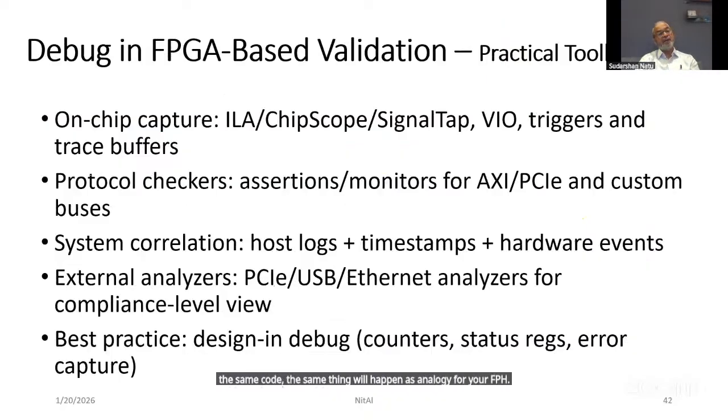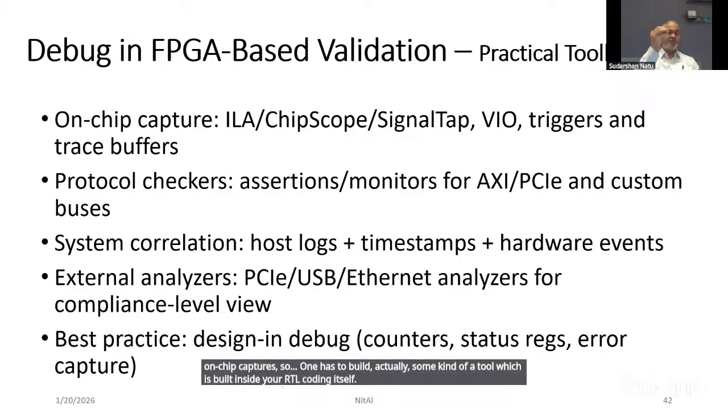Then debugging is a critical point in this. How do you debug, or how do you verify and validate your FPGA based designs? What are the toolkits which are available? So there are certain protocol checkers, on-chip captures. One has to build some kind of a tool inside your RTL coding itself, which will give visibility.